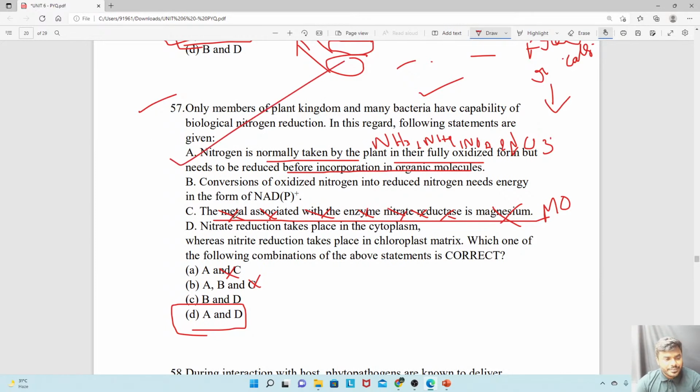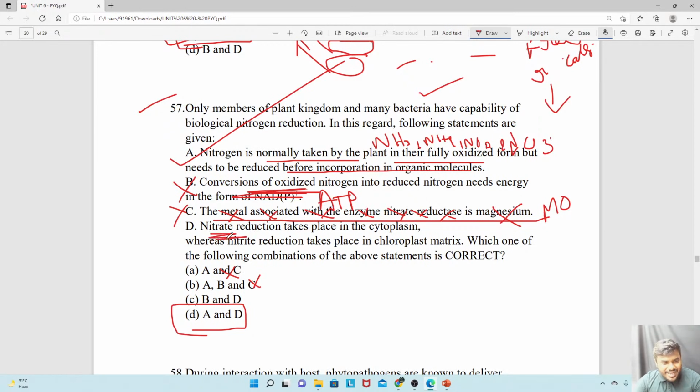Option A is right. Option B, conversion of oxidized nitrogen into reduced nitrogen needs energy in the form of NADP plus. No, right? We will take the energy in the form of ATP. So option B is wrong. Option C is wrong: nitrate reduction takes place in the cytoplasm. You all know why.